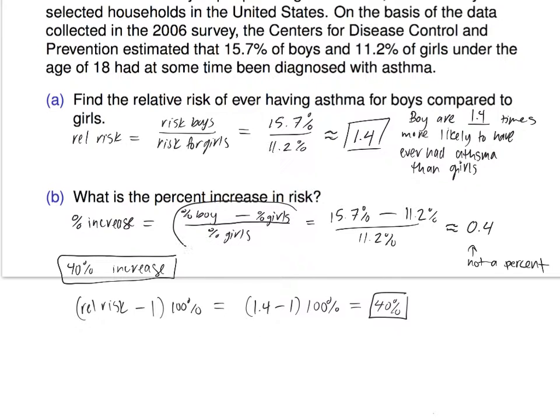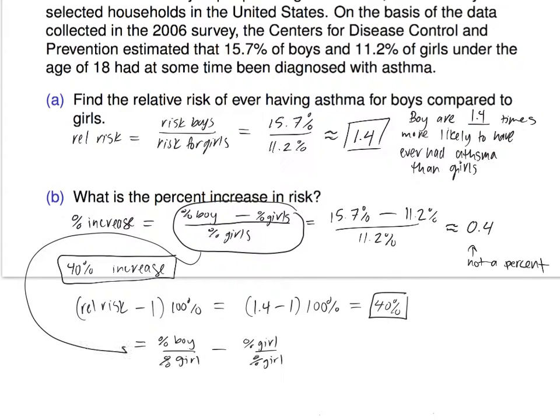So look at this guy. I'm going to uncombine that denominator. What I mean by that is I'm going to write that instead as percent boy over percent girl minus percent girl over percent girl.